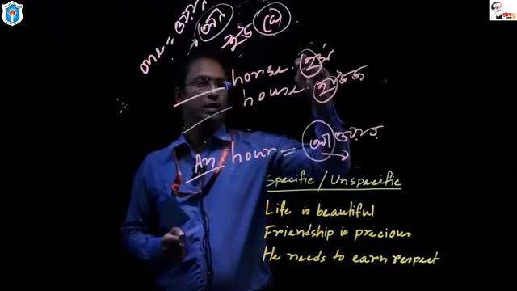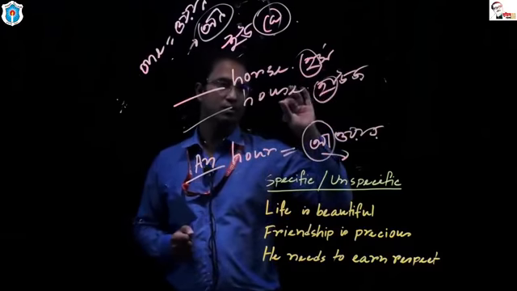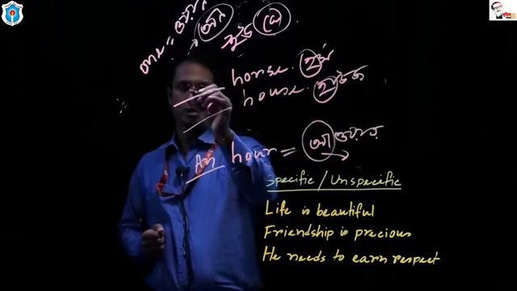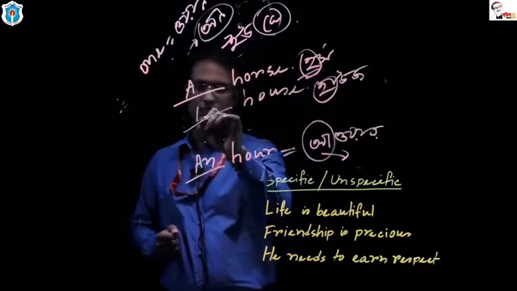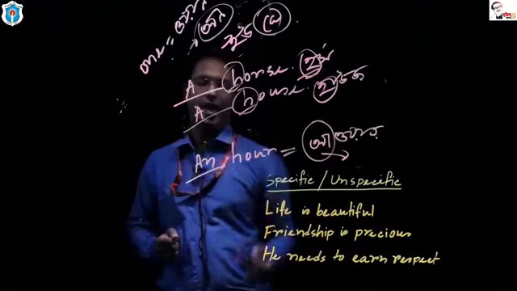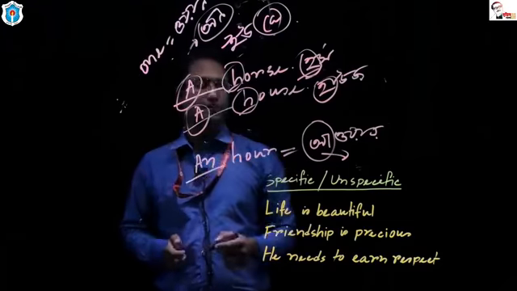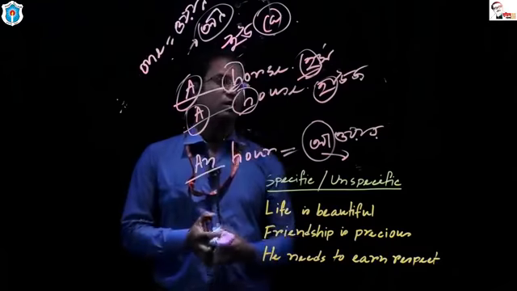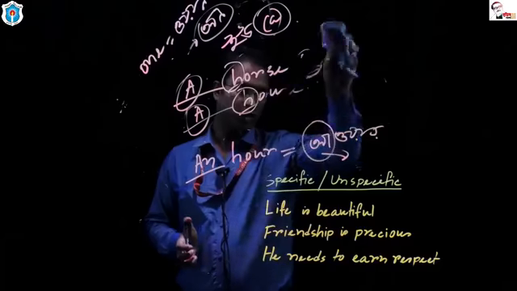And you know, this ho is not among the 11 Bangla vowel sounds. That's why we will use here A, because ho is a consonant sound. So horse, house, as it is the consonant sound, we will use here A. Okay. This was the uses of A and N.